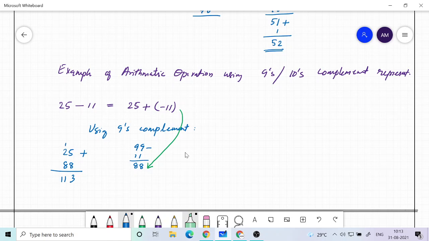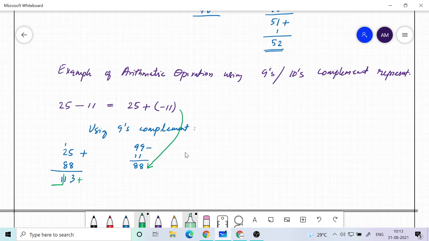3-digit number, and all you need to do here is take that carry. Okay, as I told, this is an algorithm. So this is the final carry, which is 1, and then bring it down and add to this the other 2 digits.